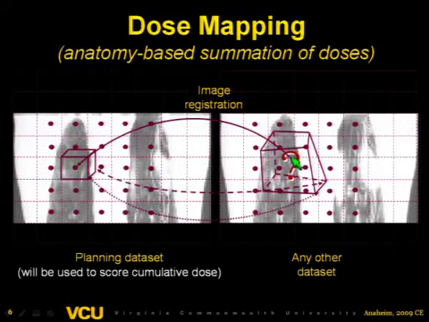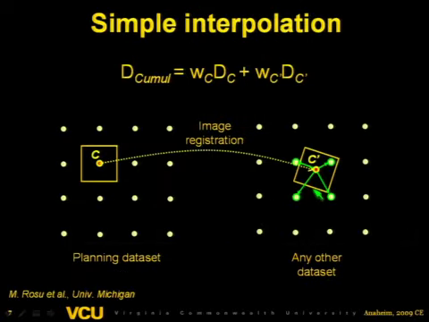So being able to evaluate the dose in this deformed voxel is not necessarily an easy task because those computations are usually performed on a voxelized geometry. So let's see what would be the simplest way to try to evaluate the doses when we move from one data set to the other. So if we think, for example, about a Monte Carlo dose calculation algorithm, we know that the dose in each voxel is going to be the average energy deposited inside that voxel, and it's usually reported at the center of the voxel.